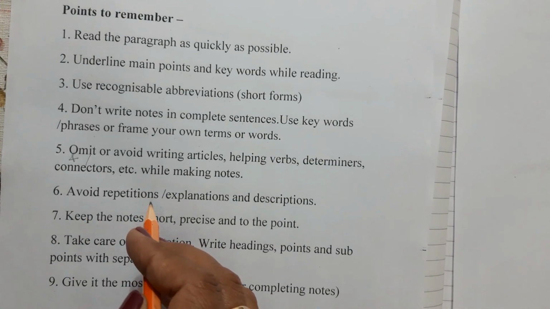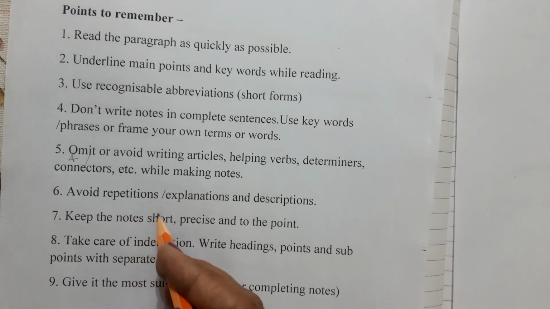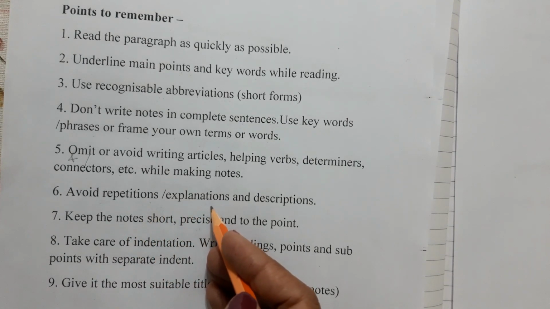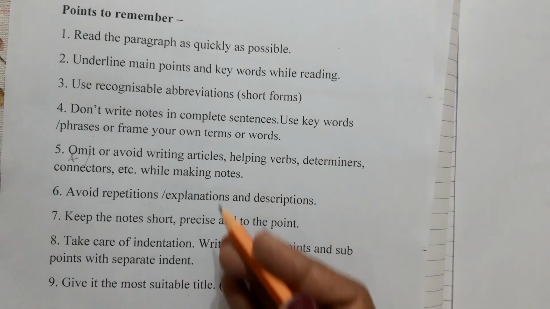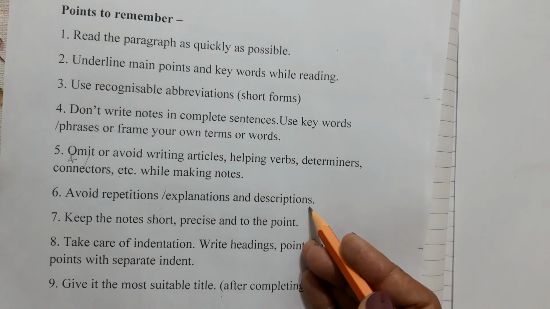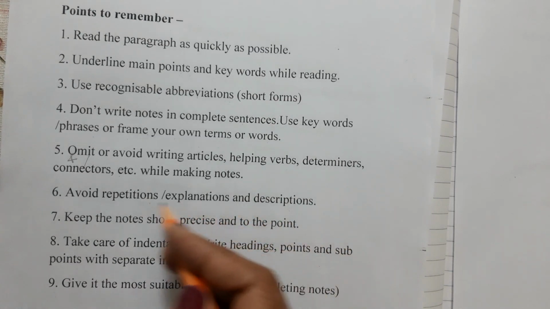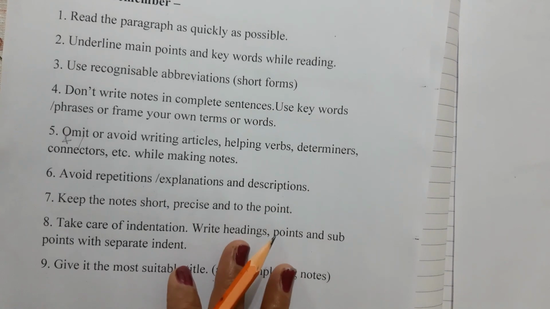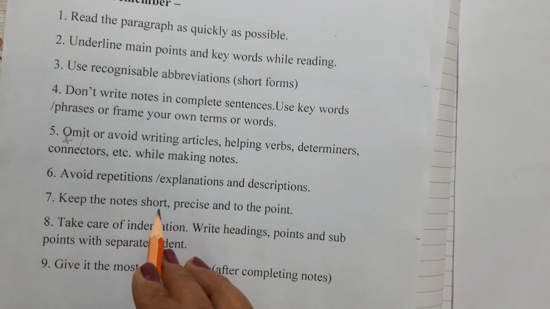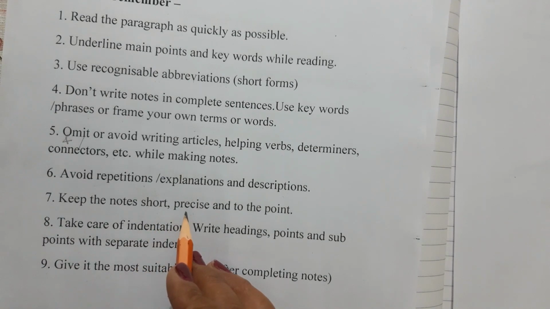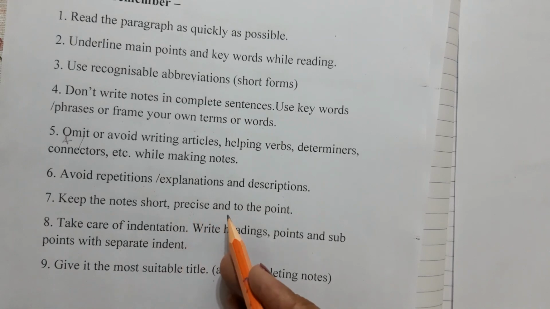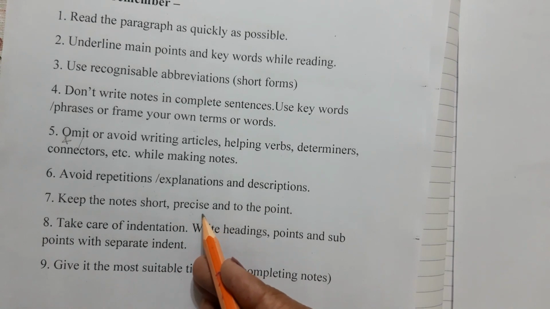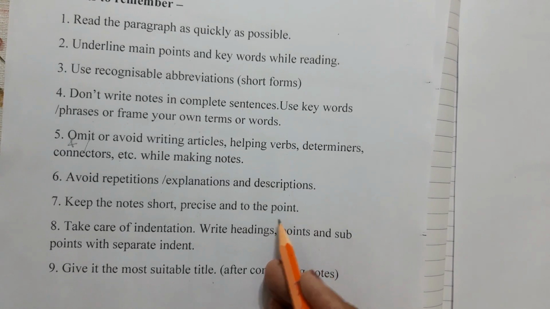If a certain point is repeated in two paragraphs or in the same paragraph, or it is elaborated or explained further, or certain things are described, such kind of things we should avoid. We should only write down the main point. We should keep our notes short and precise according to the idea which is being talked about in the passage, and it should be to the point.